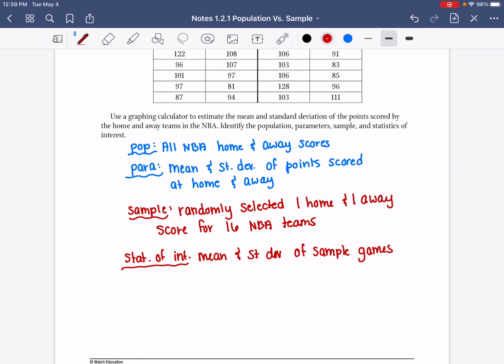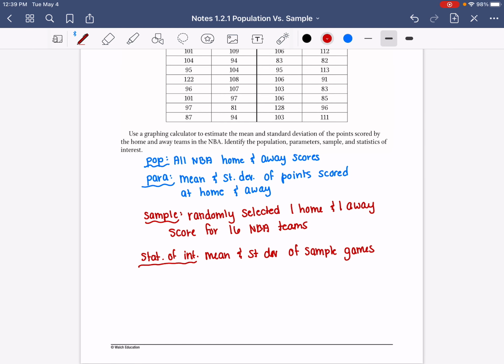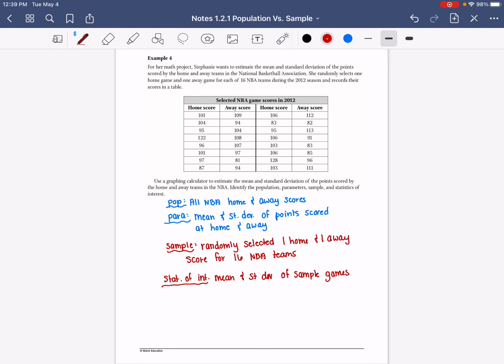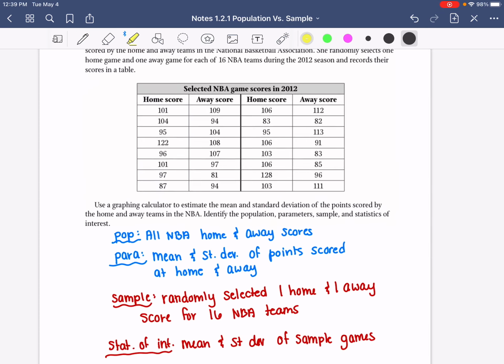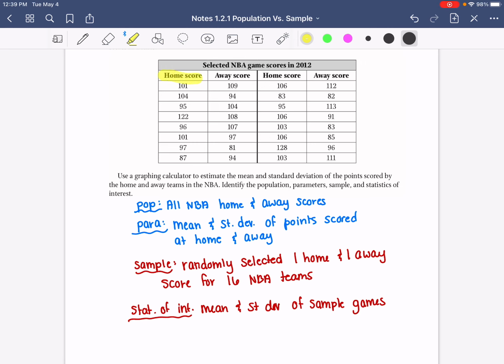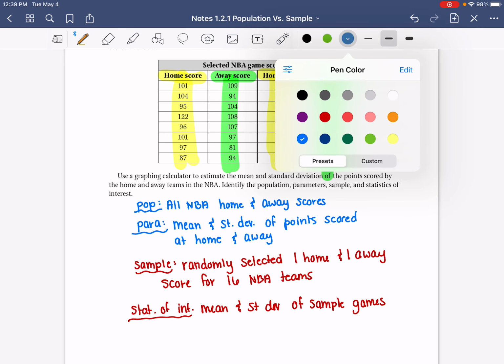So what we're going to do is calculate the mean for home and mean for away, and then standard deviation for home, standard deviation for away. I know the table looks kind of weird, but these are your home scores. There's 16 teams total, and these are your away scores, so they're not all next to each other. All the yellow ones are the home games, all the green ones are the away games. So we're going to go ahead and get our statistics of interest.